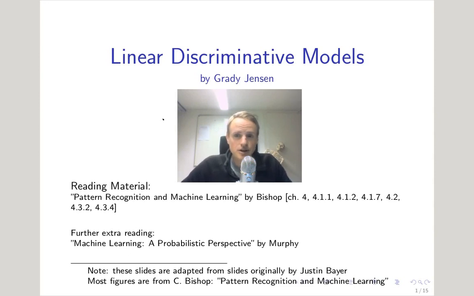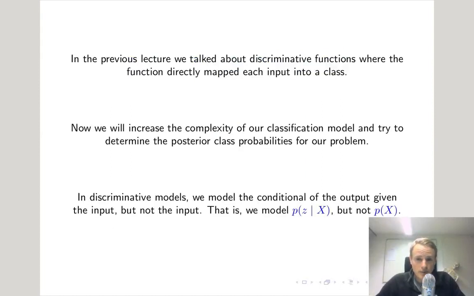In this lecture, we'll be focusing on the discriminative model as contrasted against the discriminant function that we discussed in the last lecture. If you remember, discriminant functions map data points directly to a class with no need to calculate probabilities.